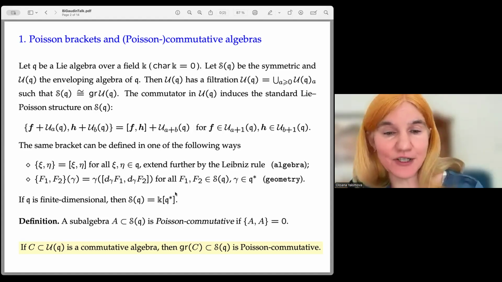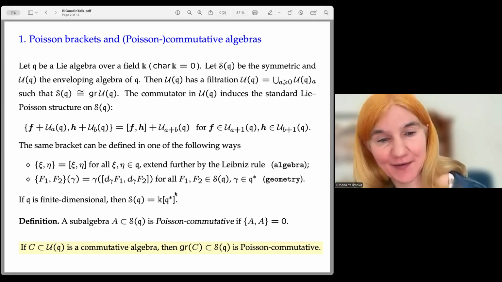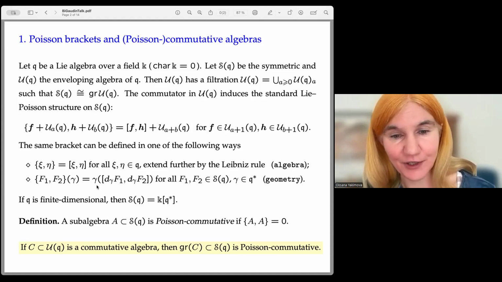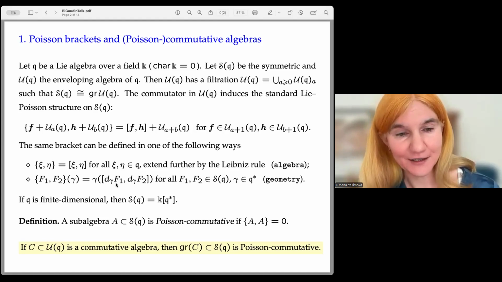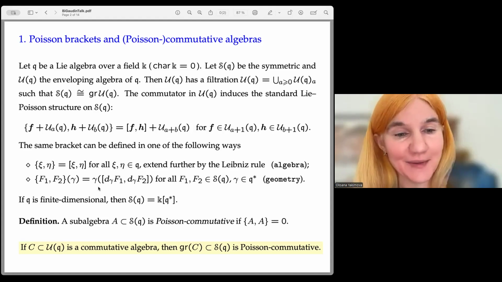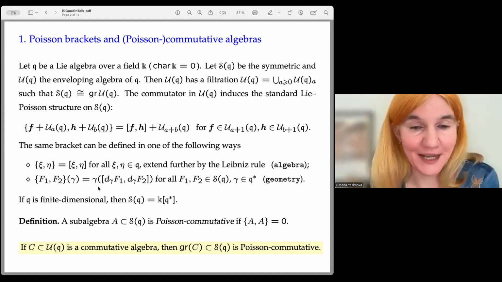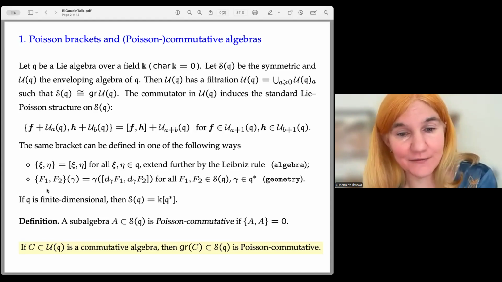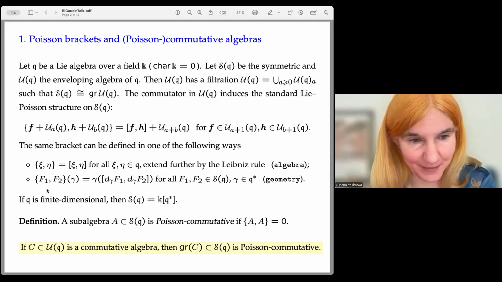And there is also a geometric definition. We take differentials at a point gamma, a point from the dual of the Lie algebra. The differential will be an element of the Lie algebra, so we can compute the commutator between them, and we can evaluate gamma at this commutator. This will be the value of the Poisson bracket between functions f1 and f2 at the point gamma.